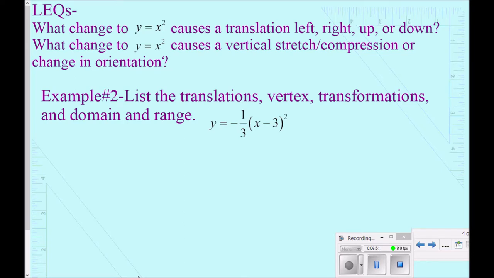Same steps, we're going to list the translation, so that minus 3 before squaring is right 3. That's it for translations. Transformations, we have a few. So first of all, that 1/3 means it's a vertical compression.